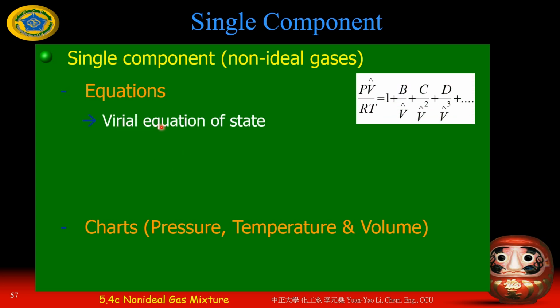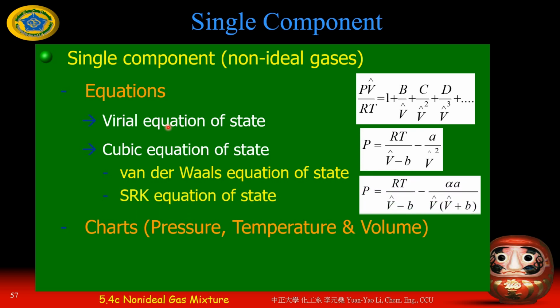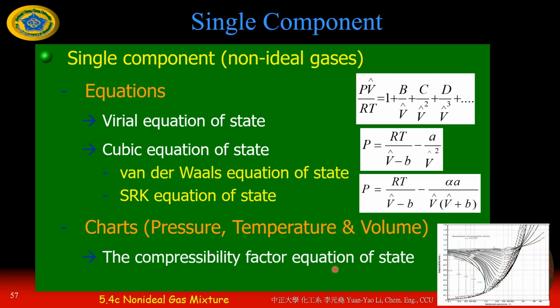We learned the virial equation of state and cubic equations of state, including the van der Waals and the SRK equations of state. And another one which is easier, we use a chart related to pressure, temperature, and volume. This is what we call the compressibility factor equation of state, Z. This is for single component.